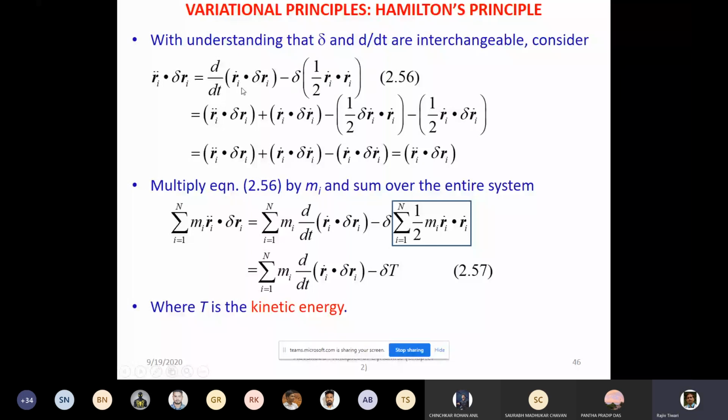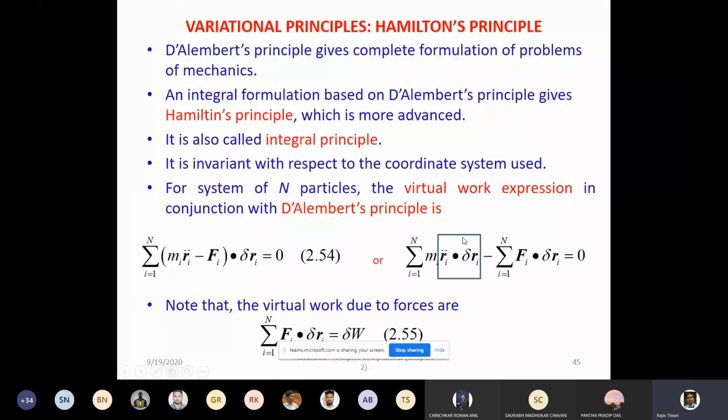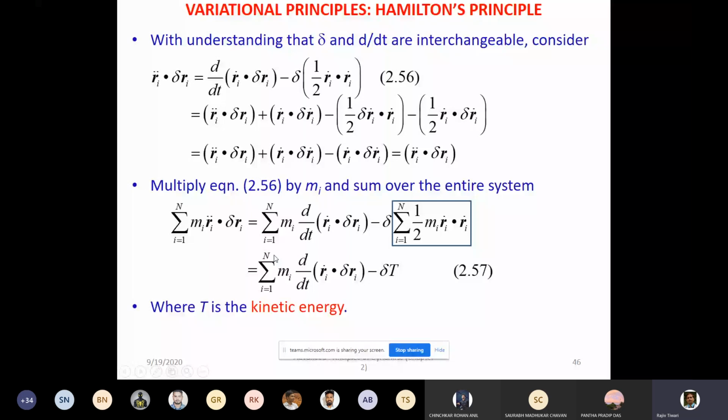I want to write this because of some purpose, so I will go back to the previous equation. Here I will substitute the expanded form of this. So this is that particular term. I'm just taking this term at present, and I'm substituting this from here. The first term is mi, this differentiation first term, minus the variation of this term.